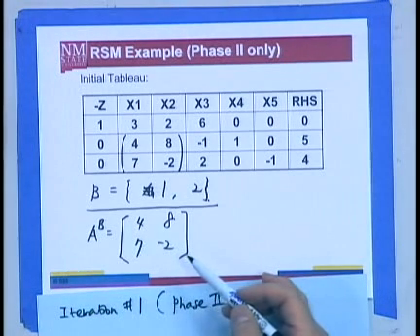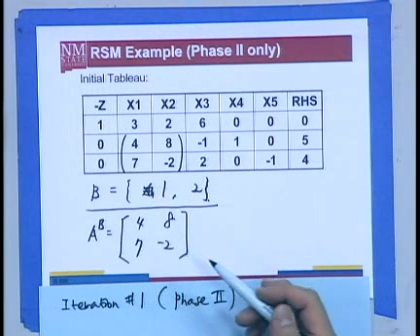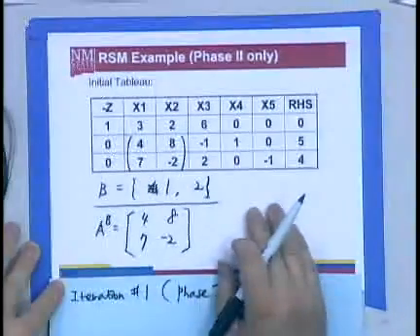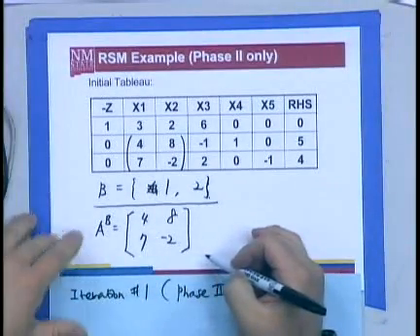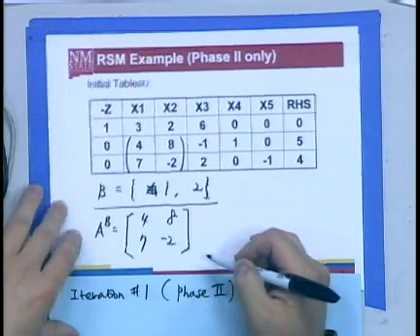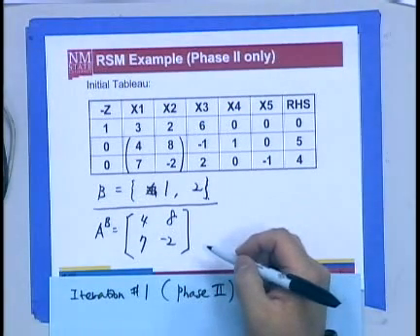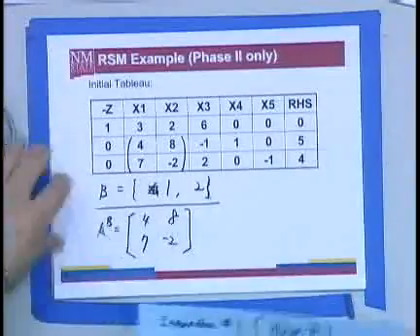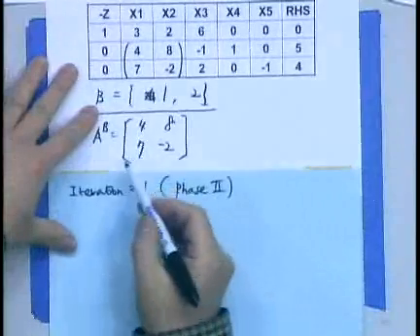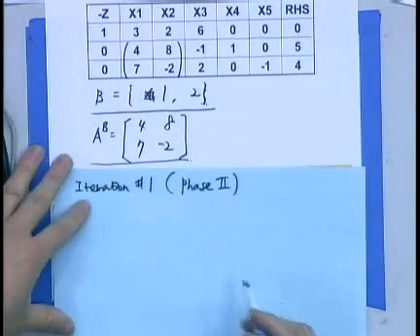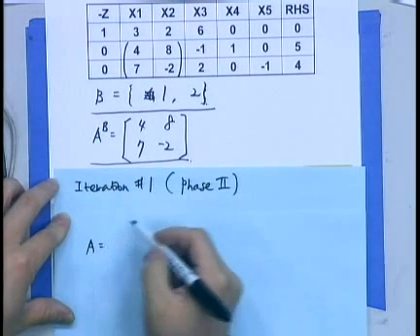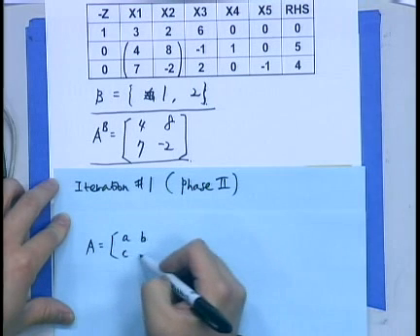And we've learned the basis inverse matrix can be obtained easily by updating the old basis inverse matrix. But in that case, the old basis inverse matrix is not available, right? And actually, for a 2 by 2 matrix like this, for example, a matrix A is a, b, c, d.